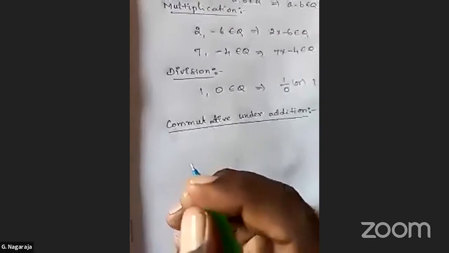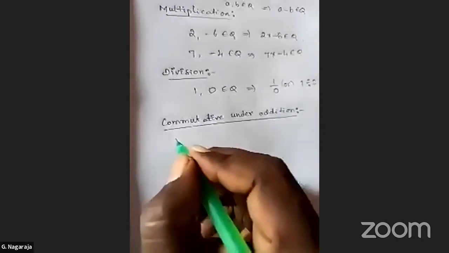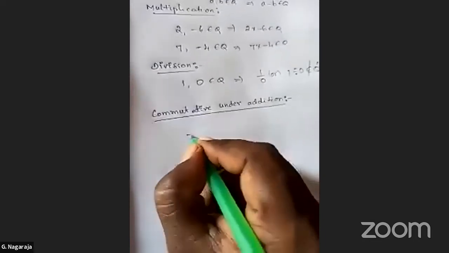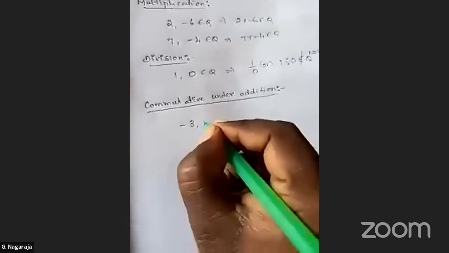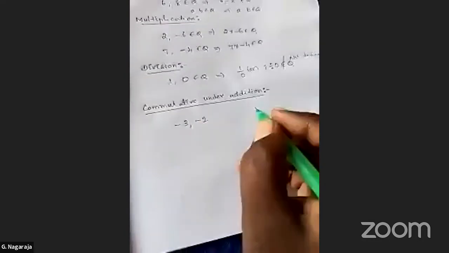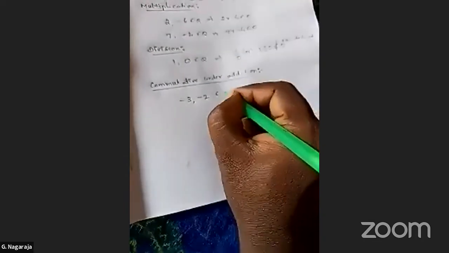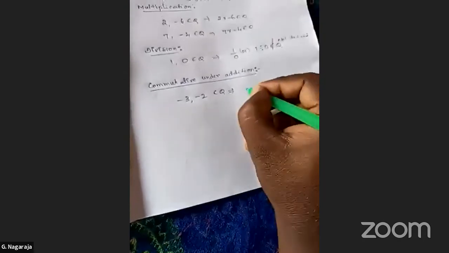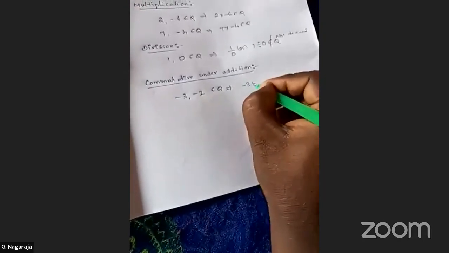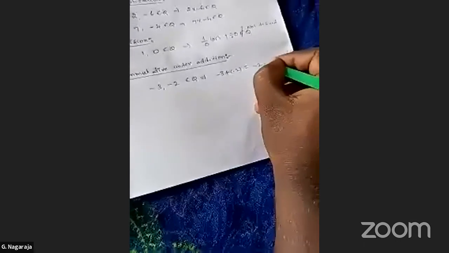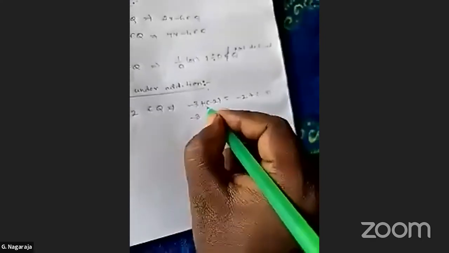Suppose -3 comma -2 belongs to Q. Then -3 plus -2 is equal to -2 plus -3.